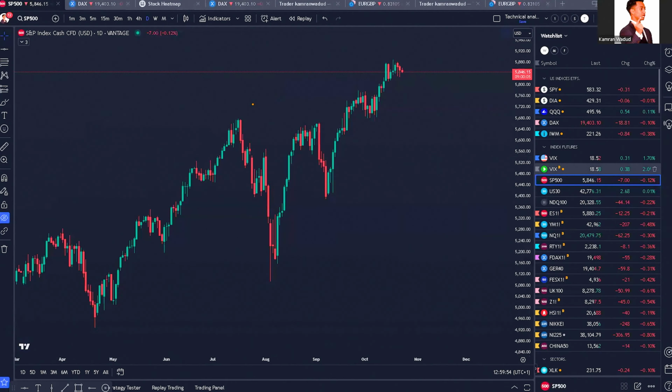Now, because the S&P is the king asset for all indices, we can use this information to trade other asset classes, such as the Dow Jones, for example, right? Because the S&P sits at the very top, everything else sort of falls under that umbrella. So with that awareness, naturally the S&P and the Dow are positively correlated.